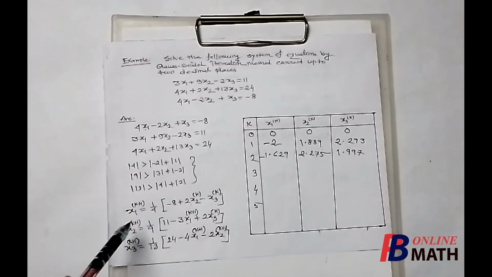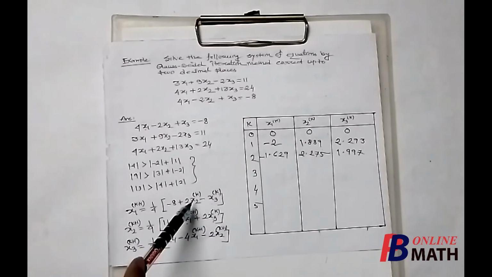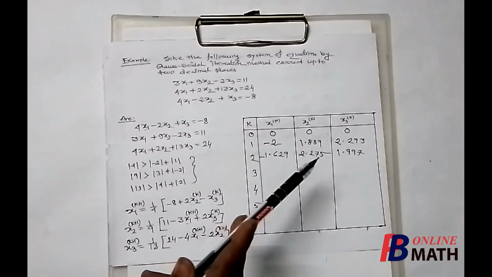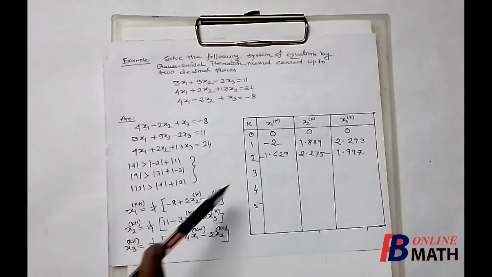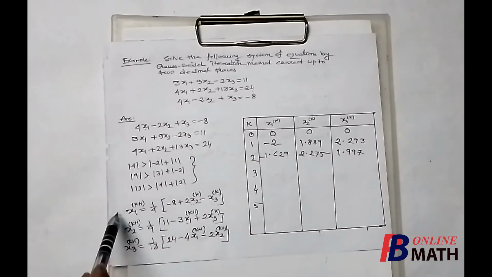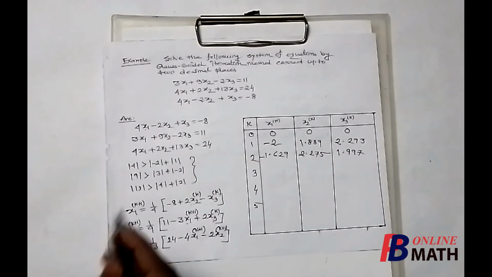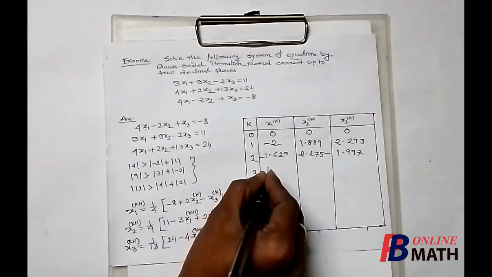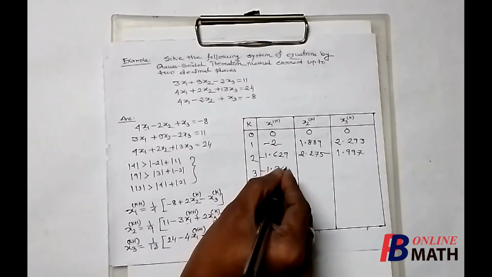So from the first equation, if we put x2 equal to 2.275 and x3 equal to 1.997, then we can easily find the value of x1, which will be minus 1.362.